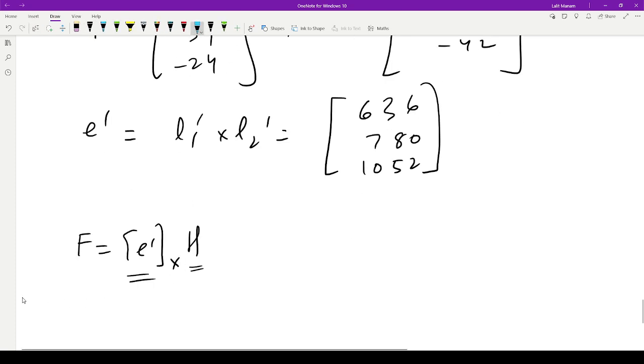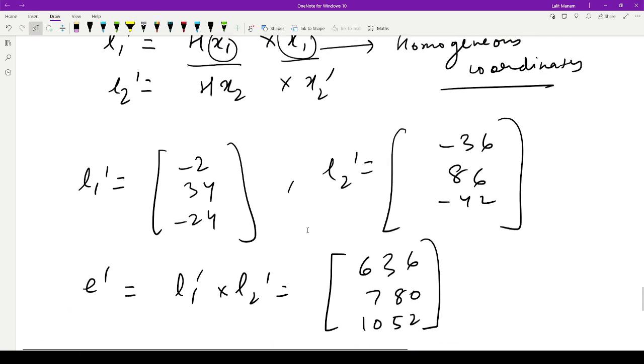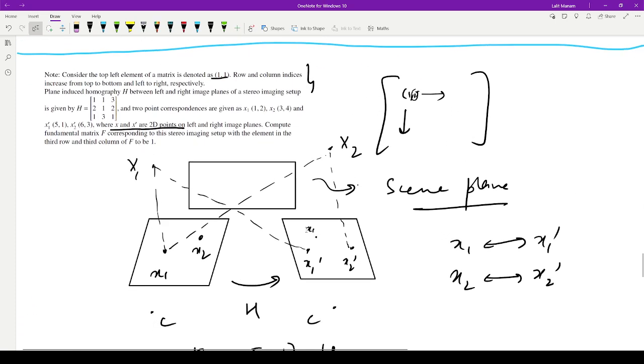Okay, so is this question clear? The idea of the question is clear, right? Here there will be some other x2, rather Hx1 will come here and Hx2 will come here.